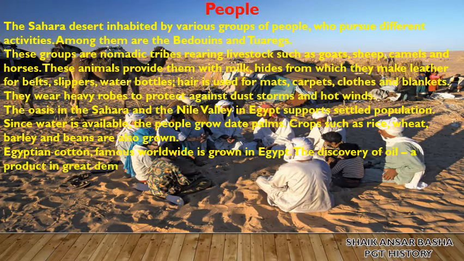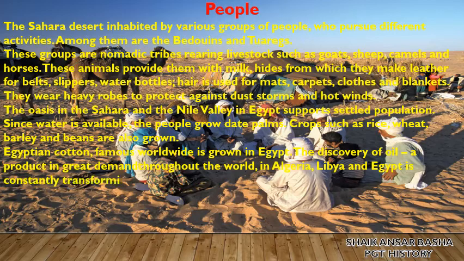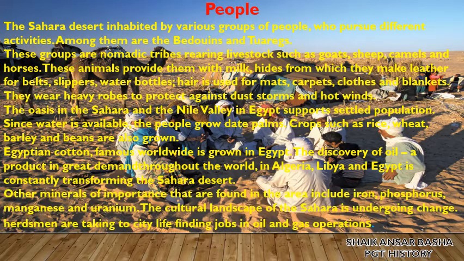The discovery of oil, a product in great demand throughout the world, in Algeria, Libya, and Egypt is constantly transforming the Sahara Desert. Other minerals of importance found in this area are iron, phosphorus, manganese, and uranium. The cultural landscape of the Sahara is undergoing change. Herdsmen are taking to city life, finding jobs in oil and gas operations.